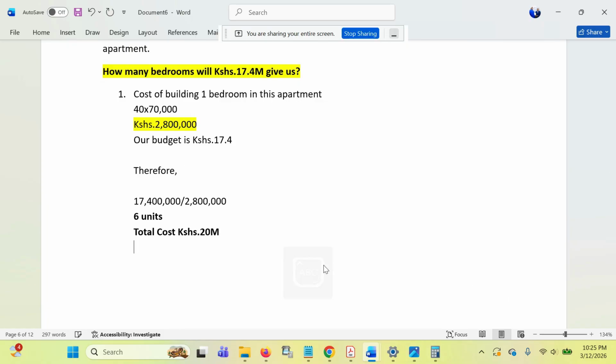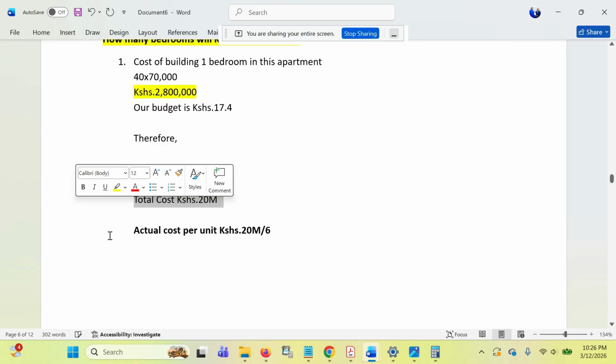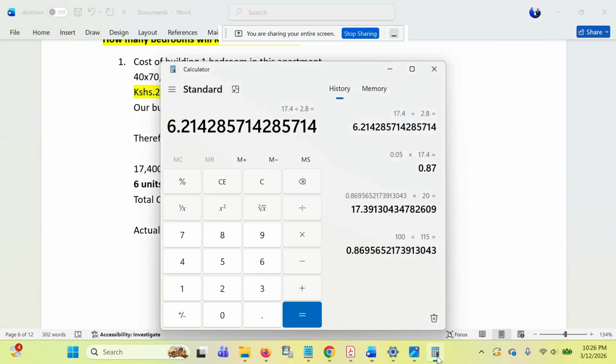Now, this would give us 6 units. But remember, we've spent a total cost of Kenya shillings 20 million. So what will be the cost per unit? The actual cost per unit will be Kenya shillings 20 million divided by 6 units.